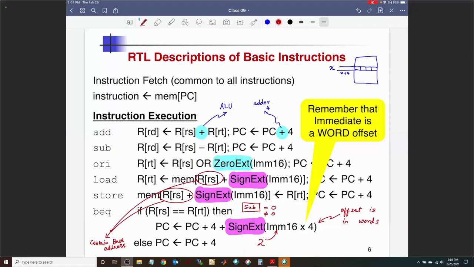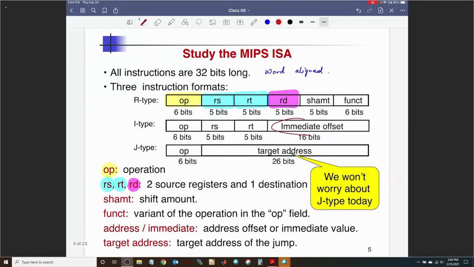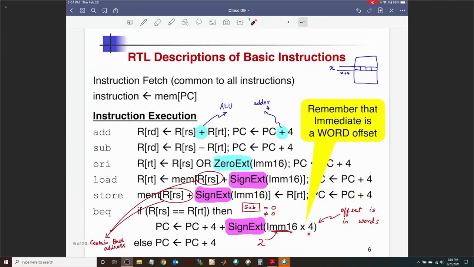So this 16-bit immediate field is what you will provide over here. You will say it in words, 2, 1, 2, 3, 4, whatever you want, but it will be in words. So you will take that, multiply by 4 to get the value in bytes, then you will do a sign extension, then you will add to PC.